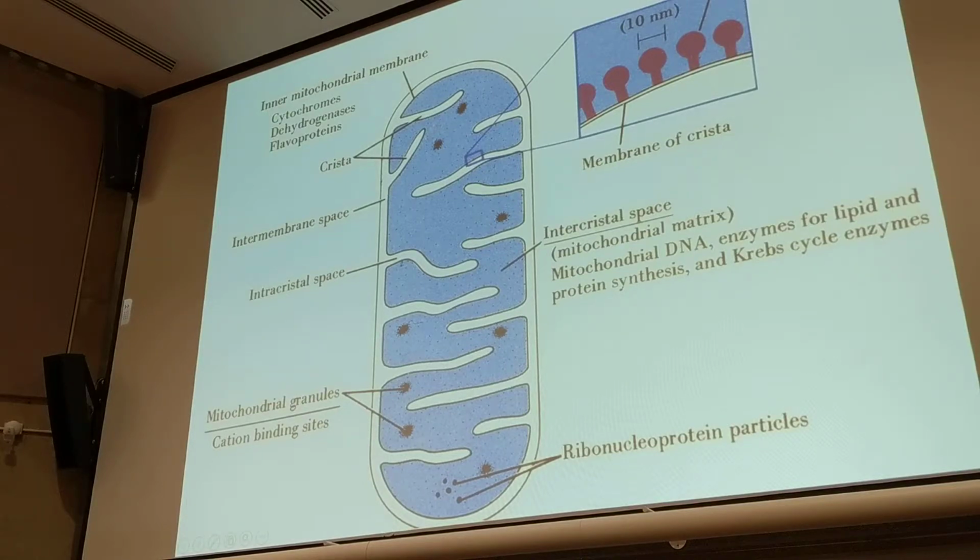It has invaginations. The inner membrane has invaginations called the cristae with the intracristal space. And then we have the matrix here, the mitochondrial matrix.